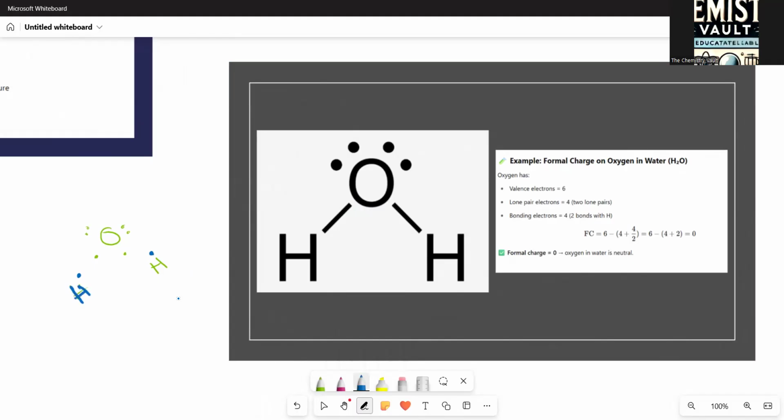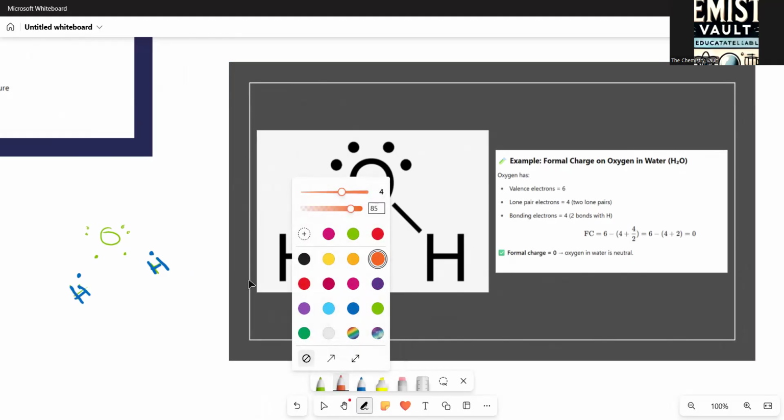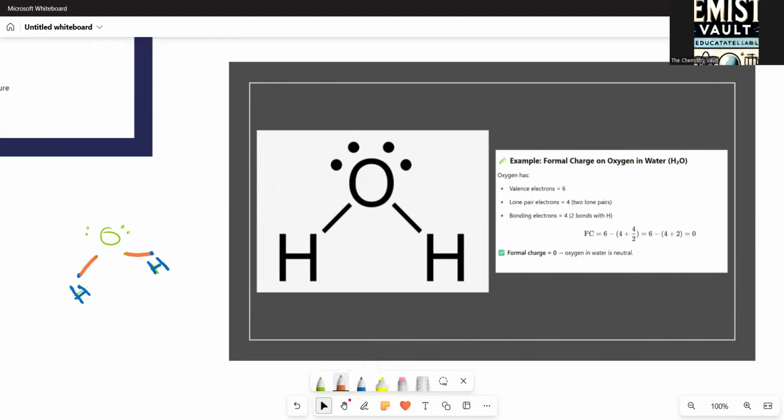And we have seen that there are six total valence electrons in oxygen. This valence electron of hydrogen and this valence electron of oxygen make one bond, and this valence electron of oxygen and this valence electron of hydrogen make another bond. So two new bonds are formed, and these two lone pairs are present on the oxygen, which are not involved in the bonding.